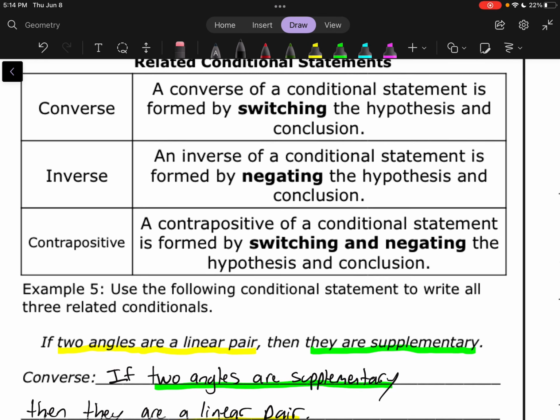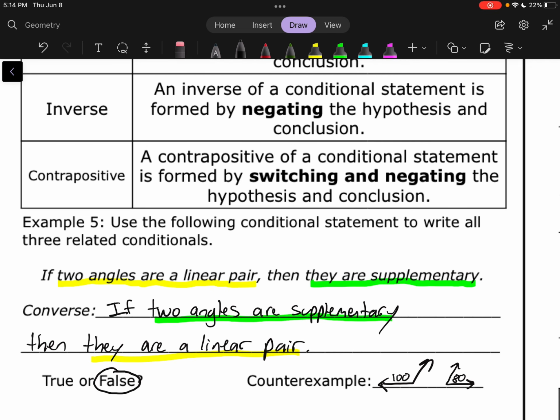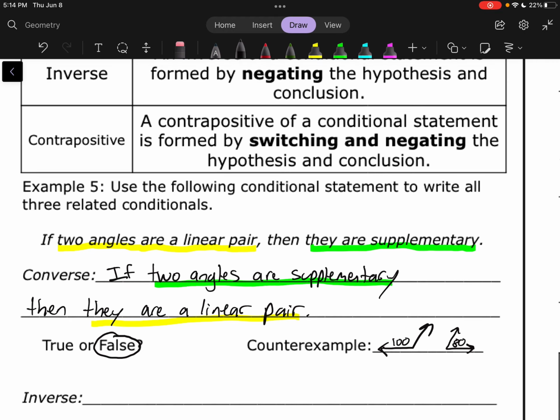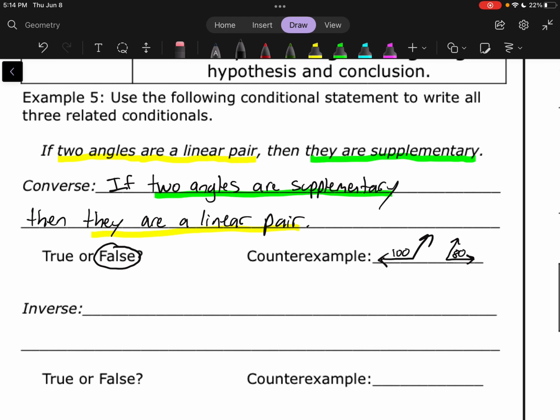Our definition here says an inverse of a conditional statement is formed by negating the hypothesis and conclusion. Negating the hypothesis and conclusion. Now, to negate something means to make it opposite, to make it negative, right? To change it into the opposite version. That seems kind of weird, but you're going to see how easy this is.